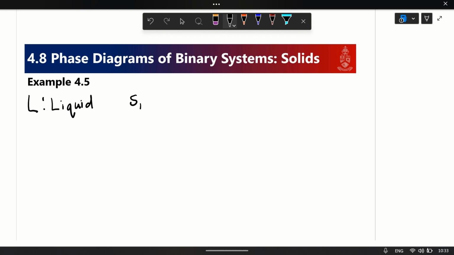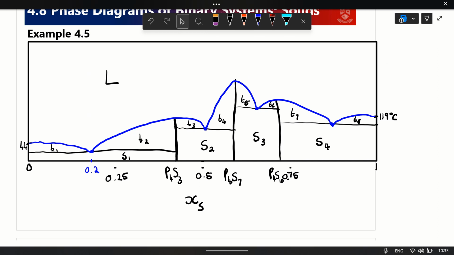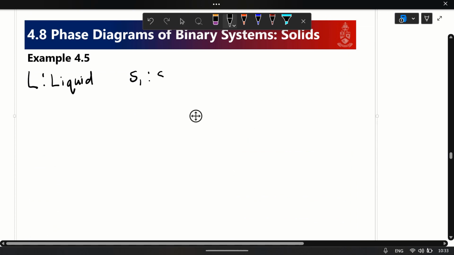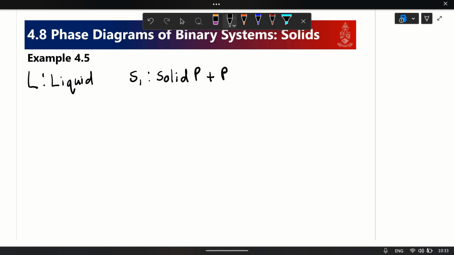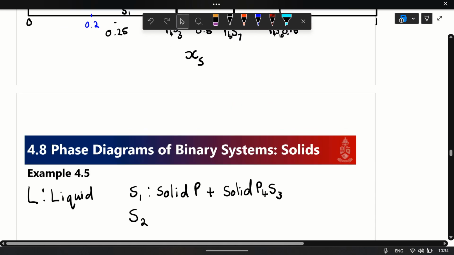Our S1 region, if we look where it is located, is to the left of the P4S3 region. So that should imply that it is in the phosphorus-rich region. So it should contain solid phosphorus plus, of course, solid P4S3, right? That's what we expect. Then we move to the S2 region.